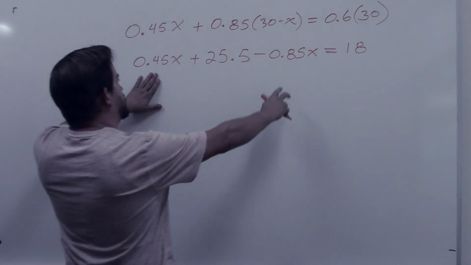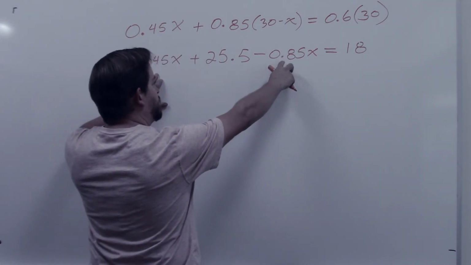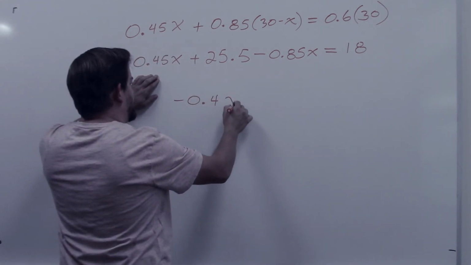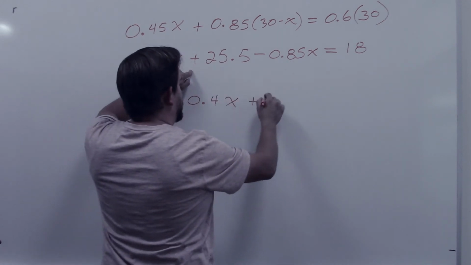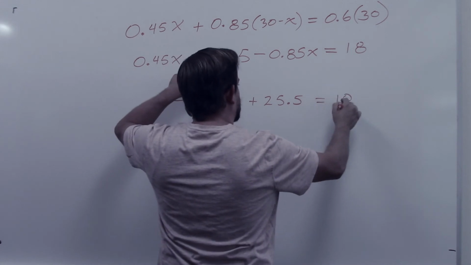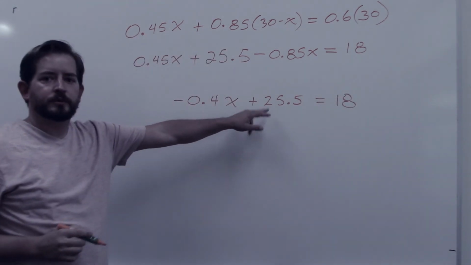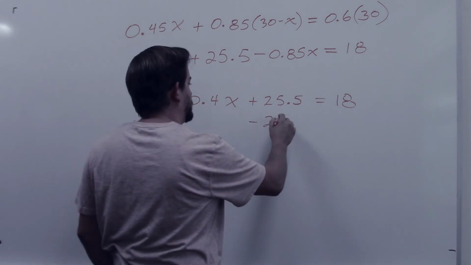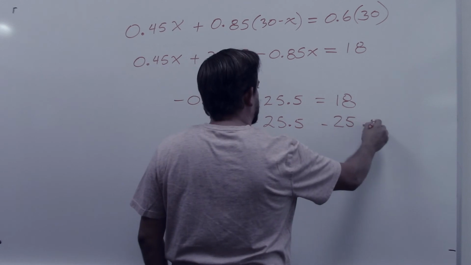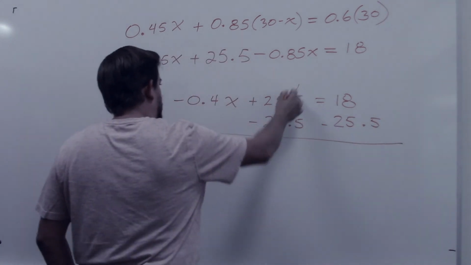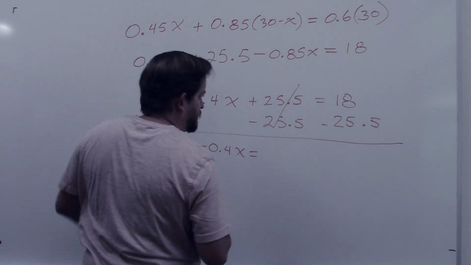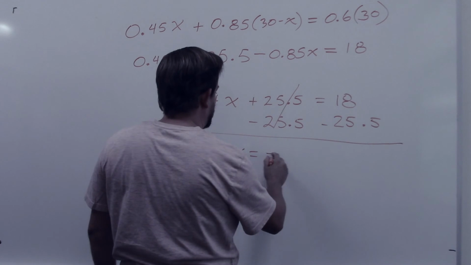I can combine like terms. 0.45X and negative 0.85X is negative 0.4X, plus 25.5 equals 18. Use the addition principle, subtract 25.5. That leaves me with negative 0.4X equals negative 7.5.